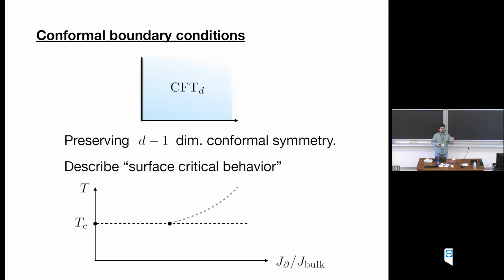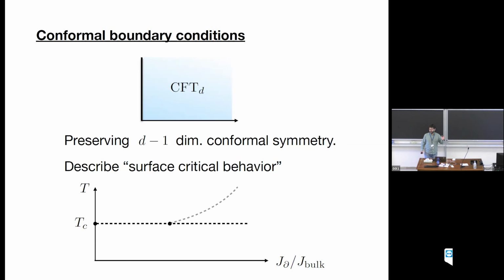And we need to impose some boundary condition on the hyperplane where this coordinate is, say, 0. And we will call conformal boundary conditions, or equivalently, we use the term boundary conformal field theory, a boundary condition which preserves the largest possible amount of conformal symmetry compatible with this geometry.